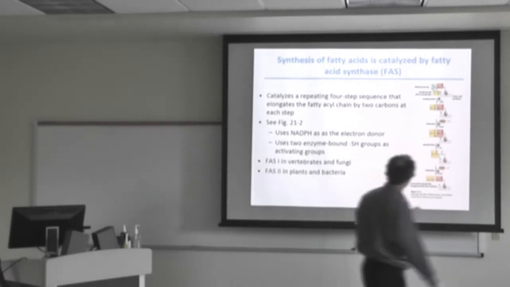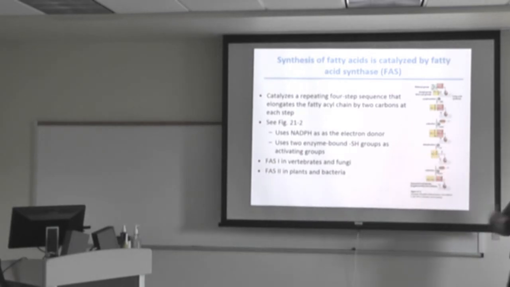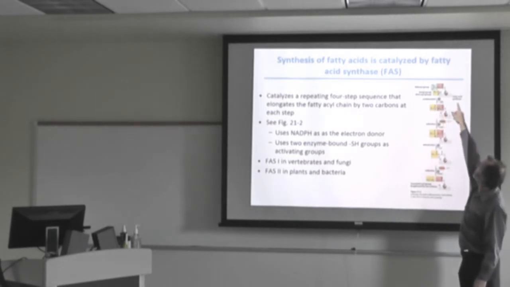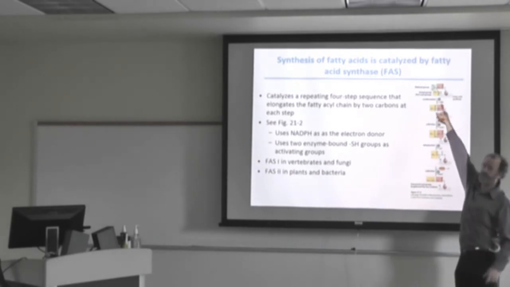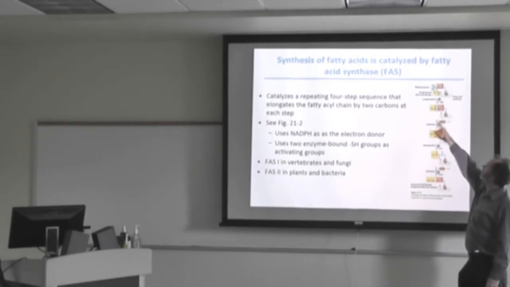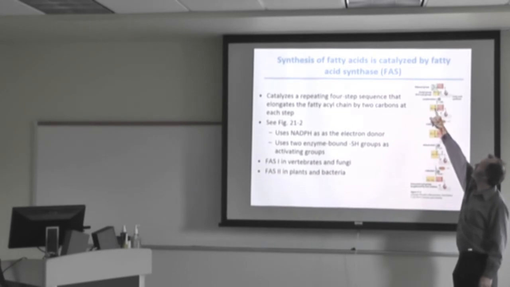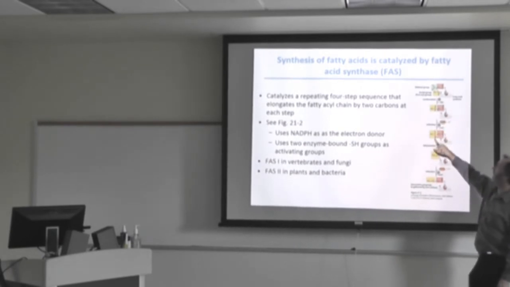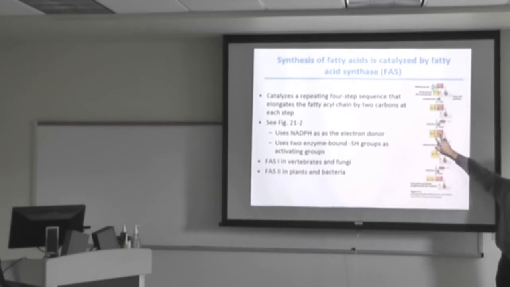And there's 4 steps, and it's nearly the reverse of the beta oxidation steps, right? 4 steps, you have malonyl group and an acetyl group. You get condensation, decarboxylation. So then you have alpha beta keto group. That gets reduced from NADPH, and it turns it into an alcohol. Then with the alcohol, we don't need to change oxidation state.